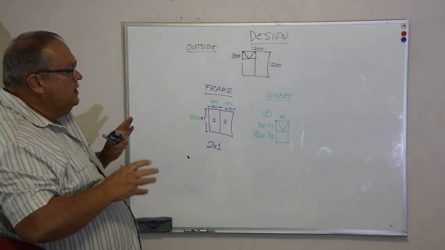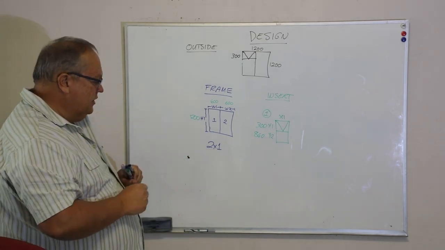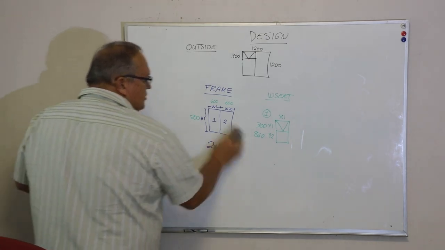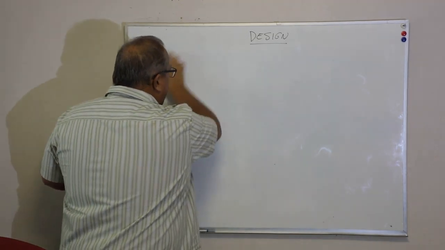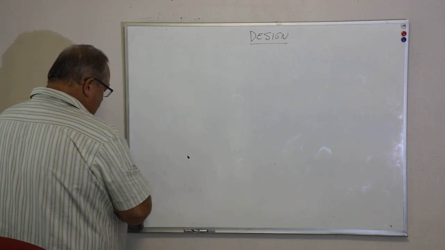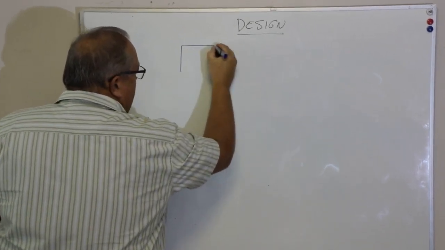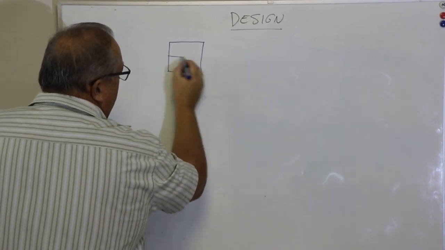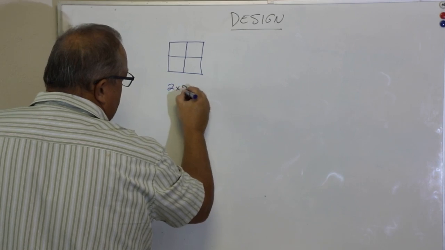Why do we split these designs into a separate frame and insert? Well, let me explain that to you. For example, what I'm going to do is I'm just going to take the situation where I've got a single frame available, and this would be what we call a 2x2 frame.